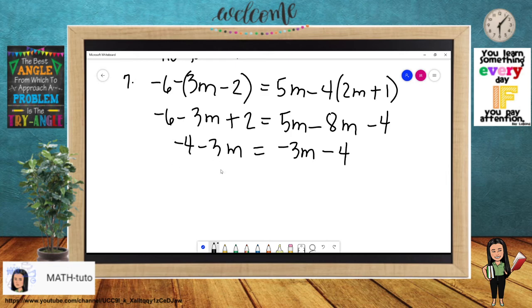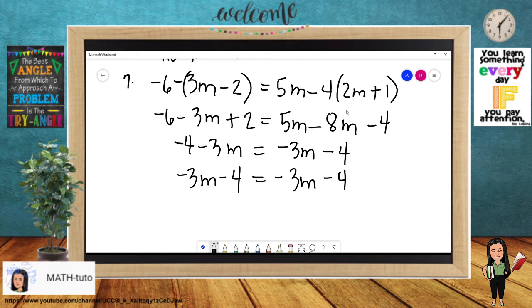So, if we will arrange the terms here on this side, we also have negative 3m minus 4 equal to negative 3m minus 4. Okay. So, dito naman, we can see an expression equal to itself in this equation.